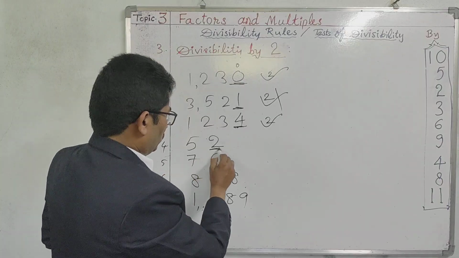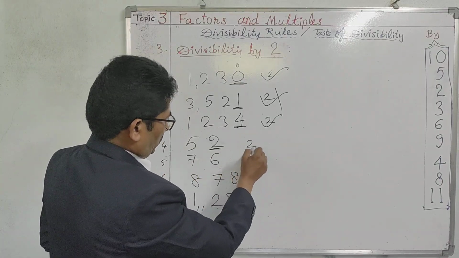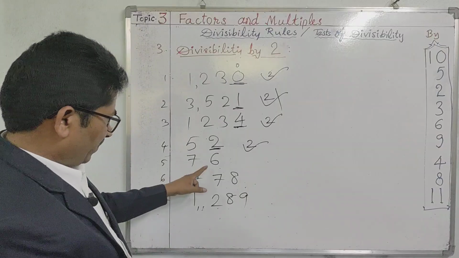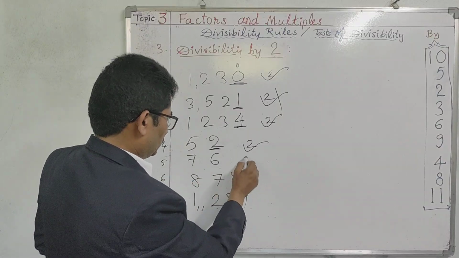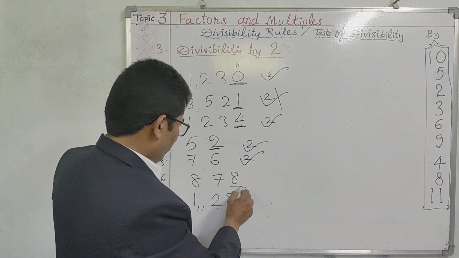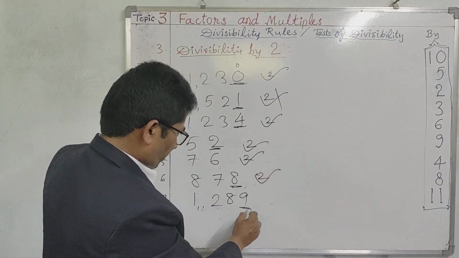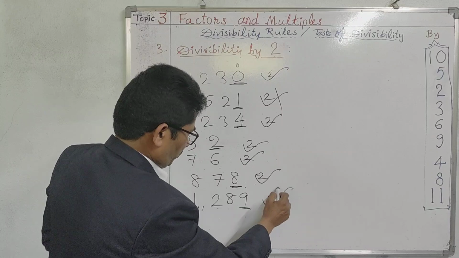Here we have 2 in ones place, so divisible by 2. Here we have 6, so exactly divisible by 2. Here we have 8, so it is divisible by 2. Here we have 9, so it is not divisible by 2.